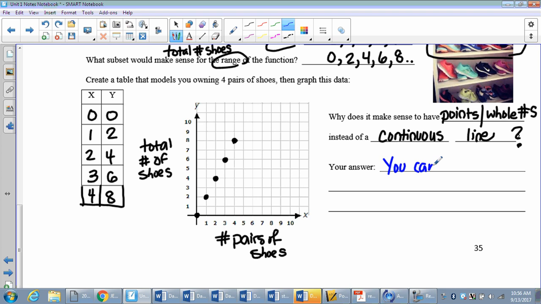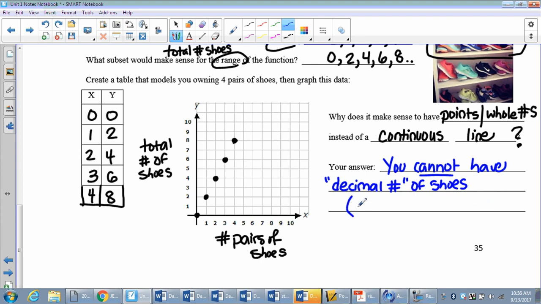You cannot have decimal number of shoes.